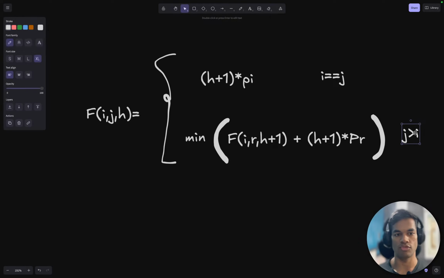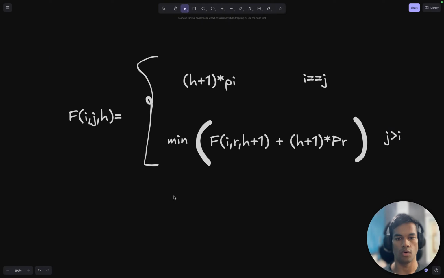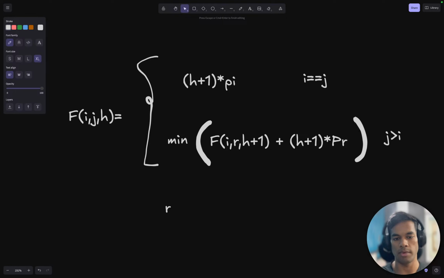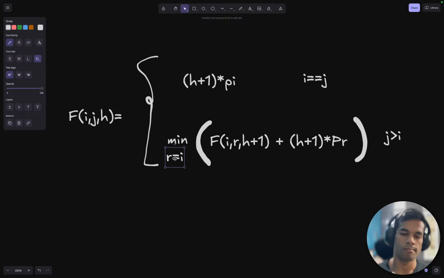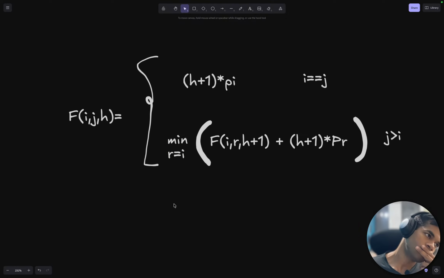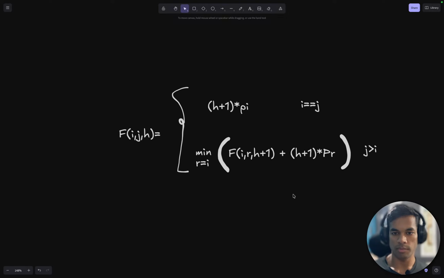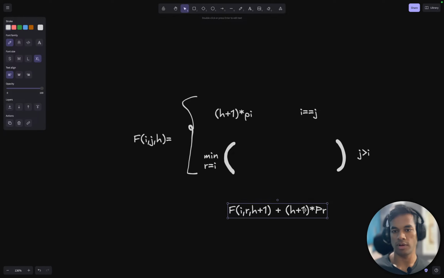In this, r is ranging over a range. R begins from i, actually. Okay, I messed up a little bit, because there will also be the right subtree whose value we have to calculate.